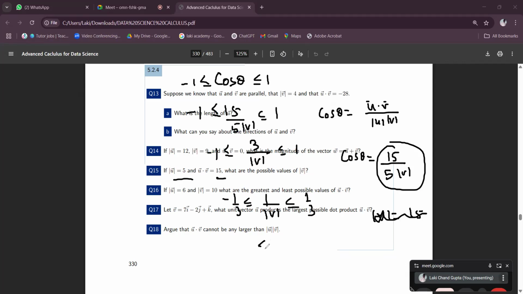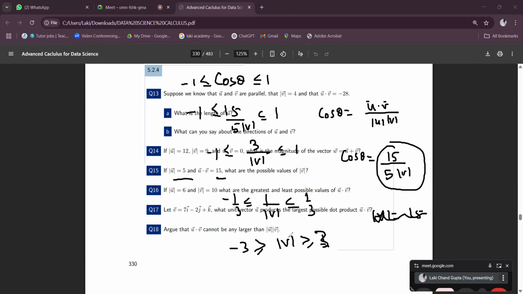When you invert this, the inequality sign will be changed. It becomes 3 to -3, or -3 to 3, which is the same thing.